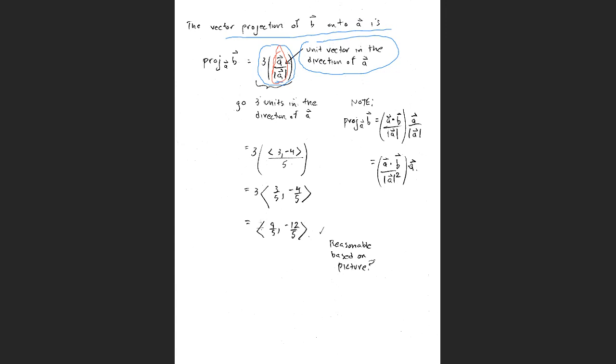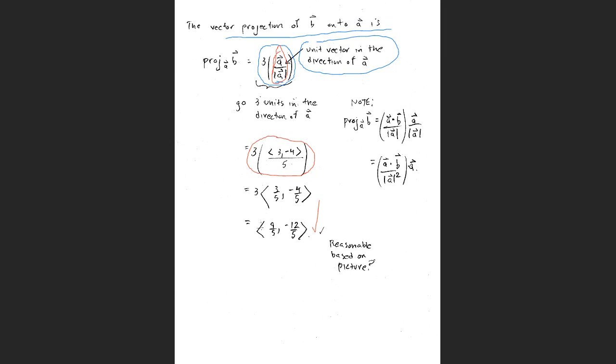And that then is just going to be equal to 3 times the vector given by 3, negative 4 over the 5. 5 was the length of A. And so that'll get you the vector 9/5, negative 12/5. Actually, my picture's pretty good.